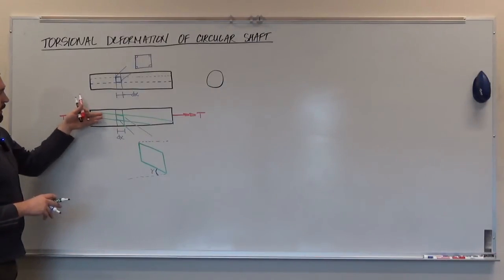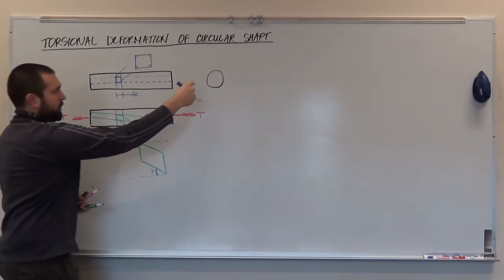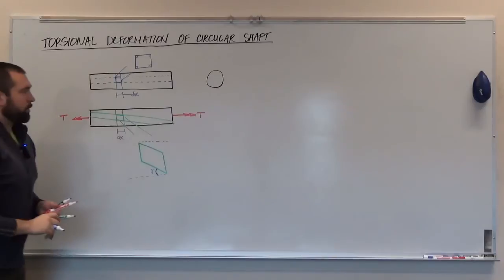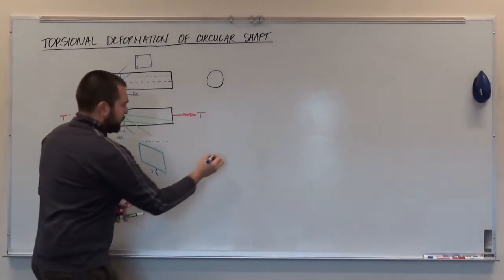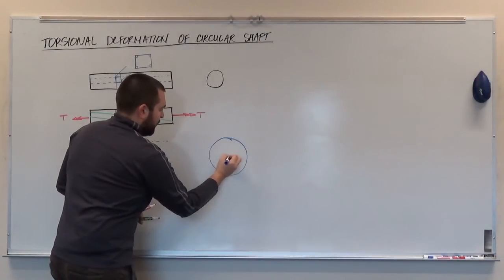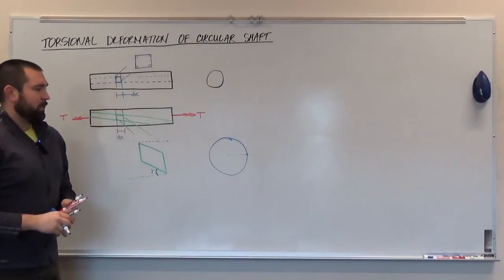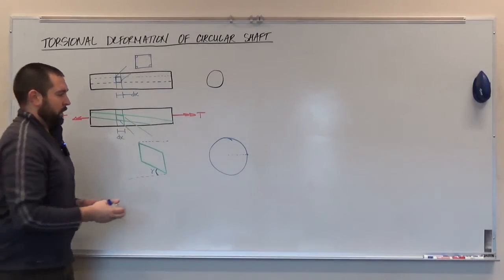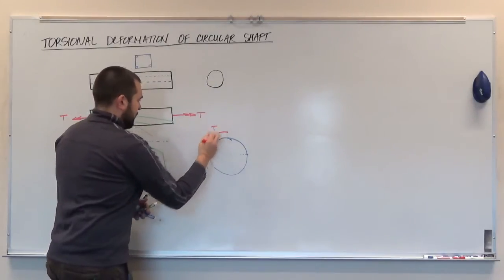So looking in from the left or the right here, looking on end at the section itself. Because what eventually we're trying to figure out is how do I relate, if we looked at a section right here, and say we drew a point on the surface of our shaft in an undeformed state, and then we applied some torque to this cross section.